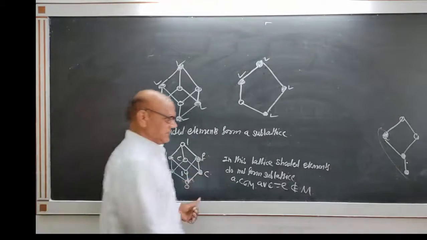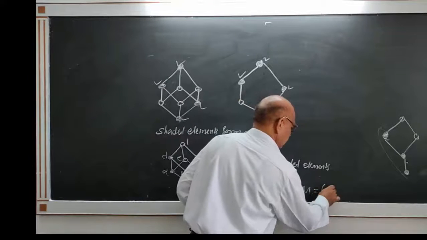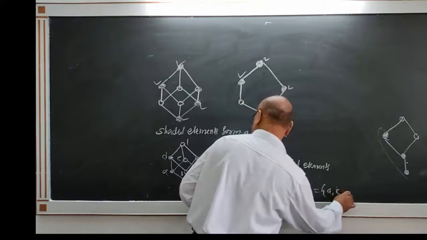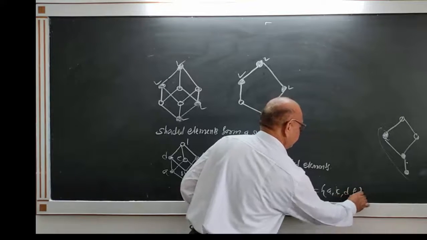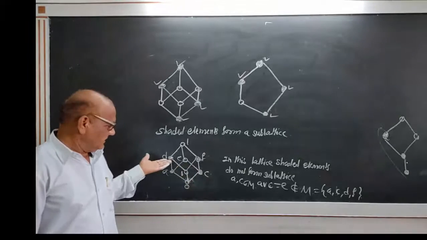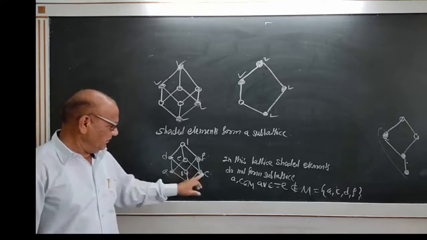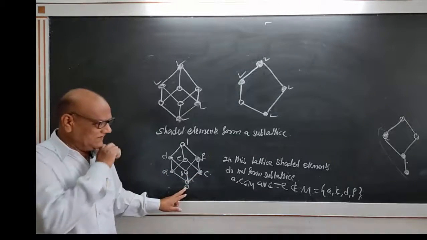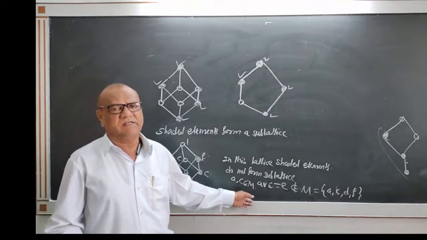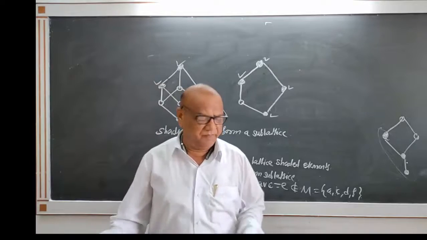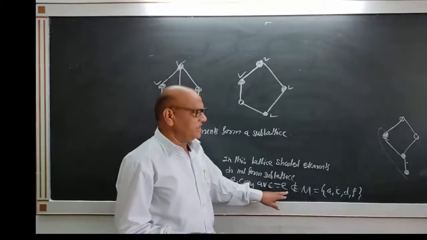M contains A, C, D, F. Here A meet C is equal to 0 and 0 does not belong to this. So this shaded set is not a sublattice.